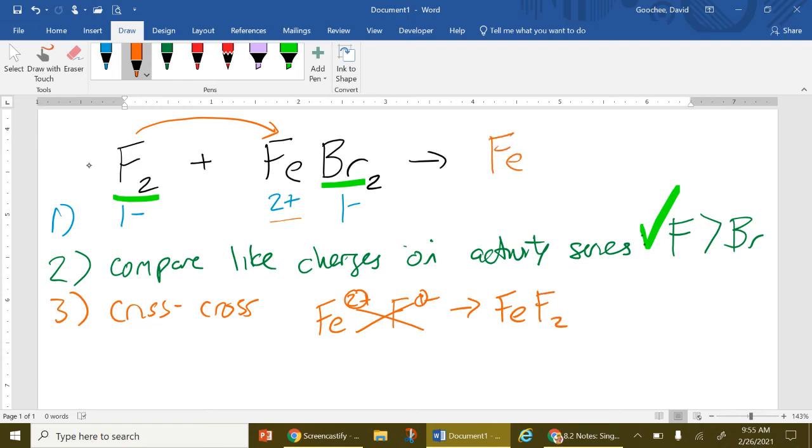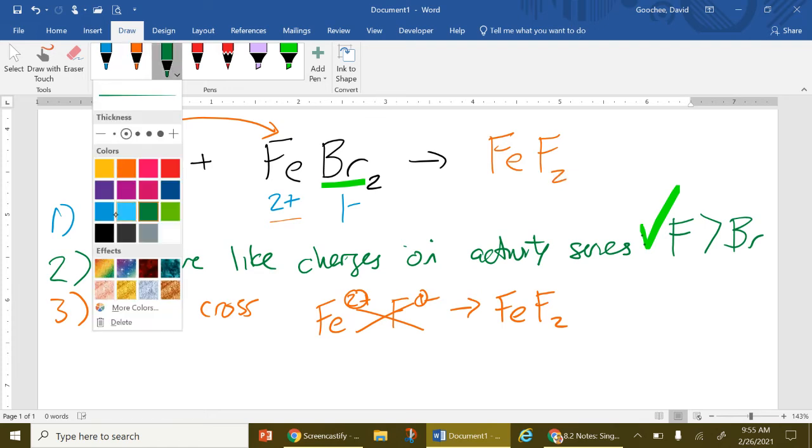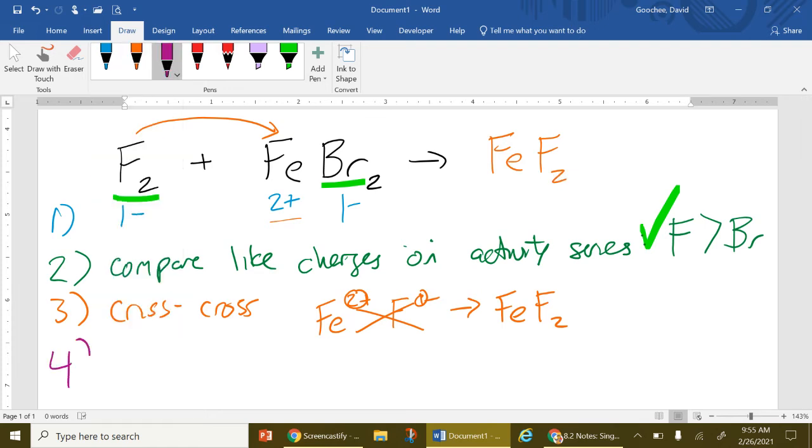So we got FeF2. Now we have another product here. Can't forget, don't forget the single element product here. In this case, the single element product is bromine.